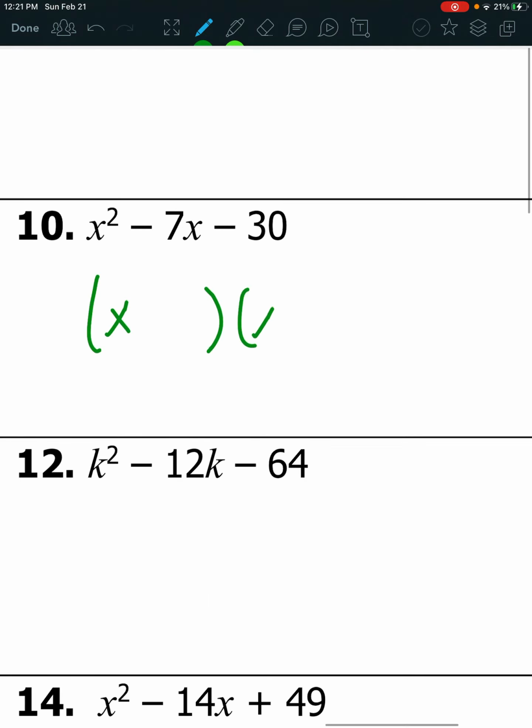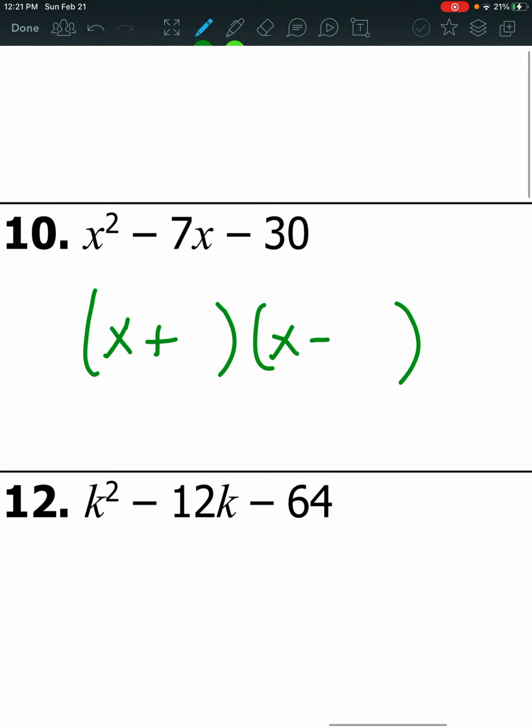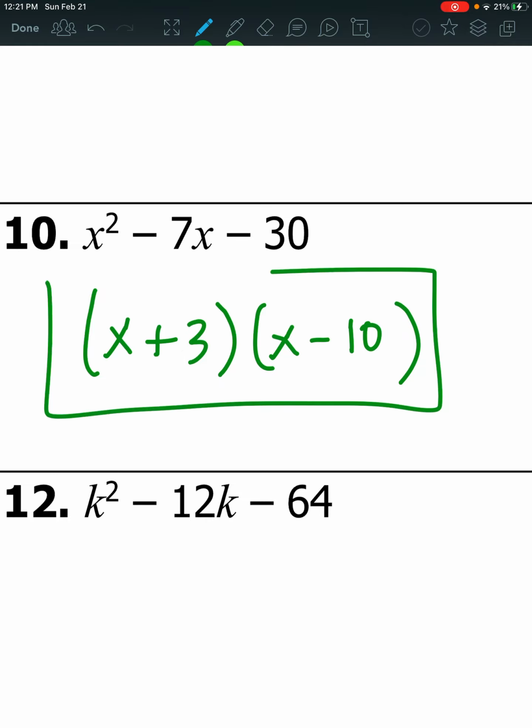So x and x, one's plus, one's minus. 30, it's going to be 10 and 3. The bigger one has to be negative, and then that way those add to negative 7 in the middle.